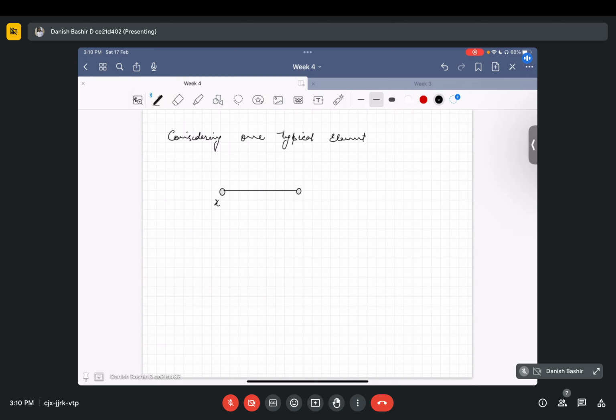One node is at xi, and the other node will obviously be xi plus 1, because node numbering has been done continuously. Let its length be li. It's the ith element.